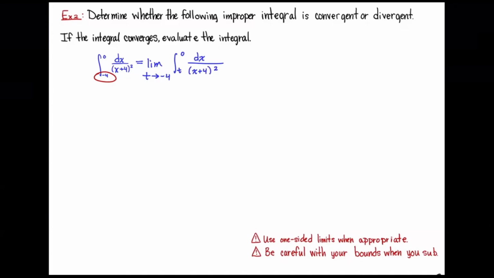Now, if we go back and look at our interval, think of this as the number line, the x-axis, where the left-hand side is where the negative numbers are and the right-hand side is where the positive numbers are. We're not approaching -4 from both sides.